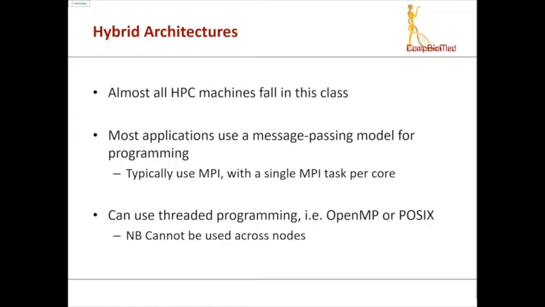MPI stands for Message Passing Interface. Another way of programming these machines is using threaded programming, such as OpenMP or POSIX threads. But be very clear, you cannot use these threaded programming models across multiple nodes. These only work within single nodes.